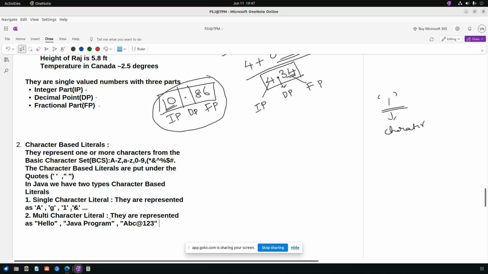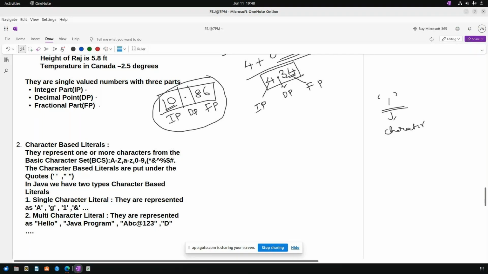Like this, I can have multiple characters, one or more than one character. One character specifically, you can keep in single quotes only. Suppose if I want to have something like B, it is okay.